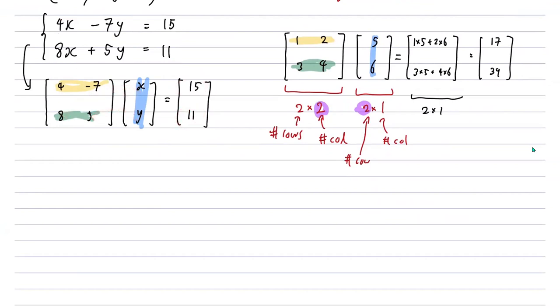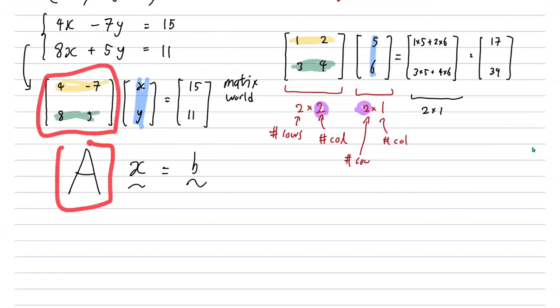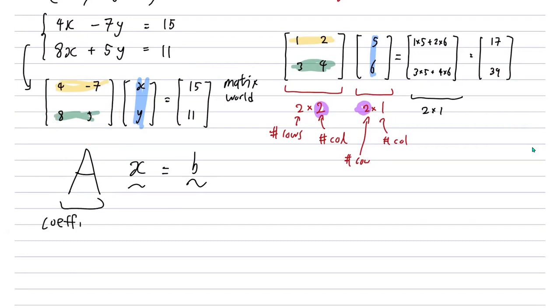So we have converted it from an equation world into what we call the matrix world. And this is what I call the Ax = b format. A times x equals b. What's A? A is a square matrix like this, which is also known as the coefficient matrix, because it contains all the coefficients of the numbers.